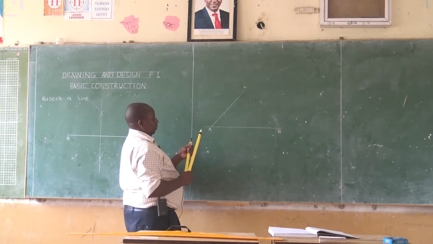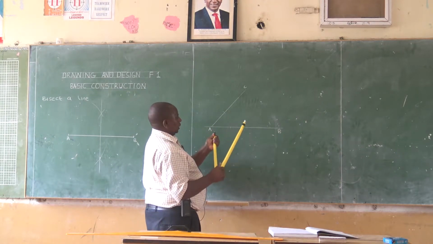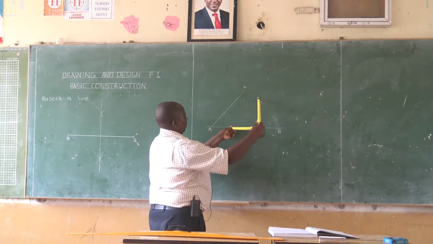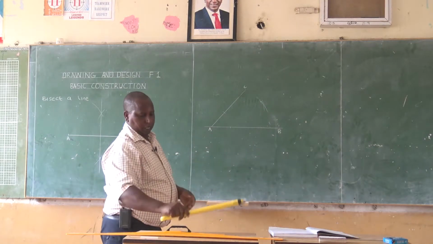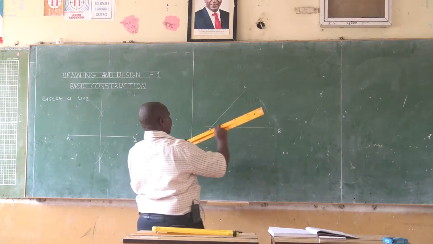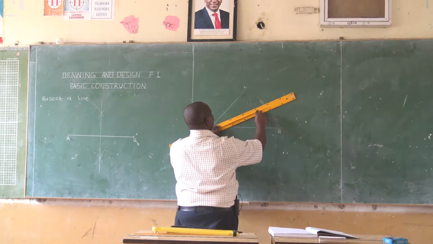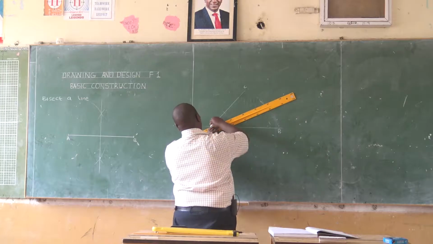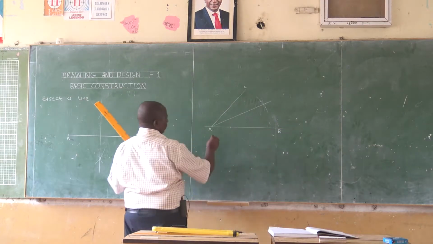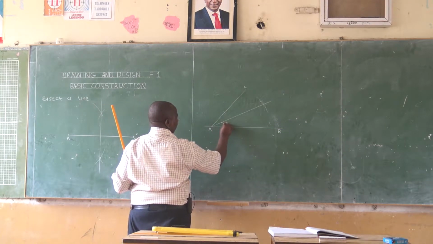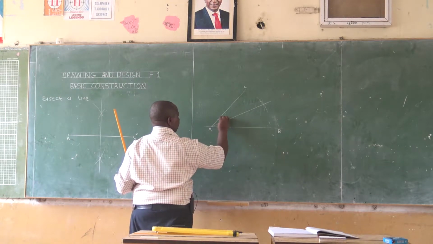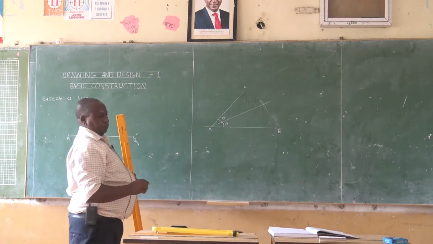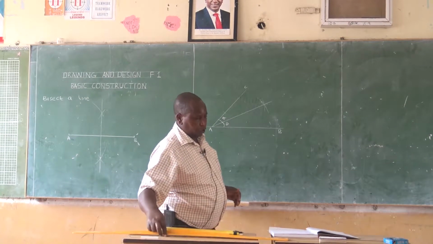Make two arcs from the point of intersection A and make intersecting arcs so that we draw the intersecting line called the angle bisector line, and the two angles are equal, so that this is theta degrees.